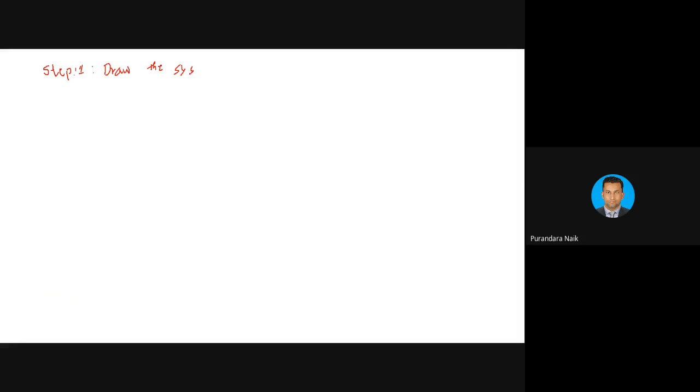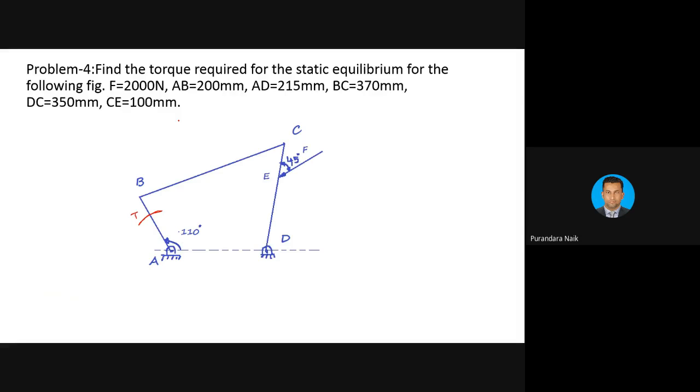What is the maximum length? The maximum length is 350 or 370, right? It's better to take 100 millimeter equal to 1 centimeter.